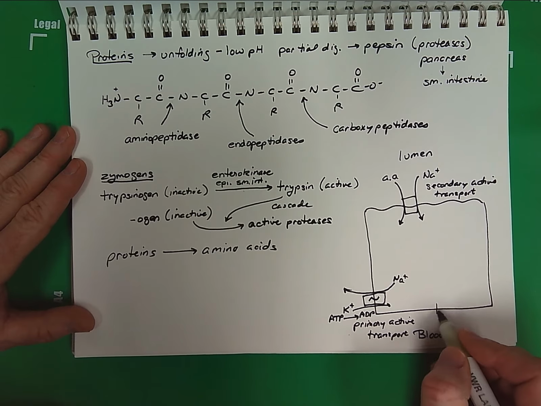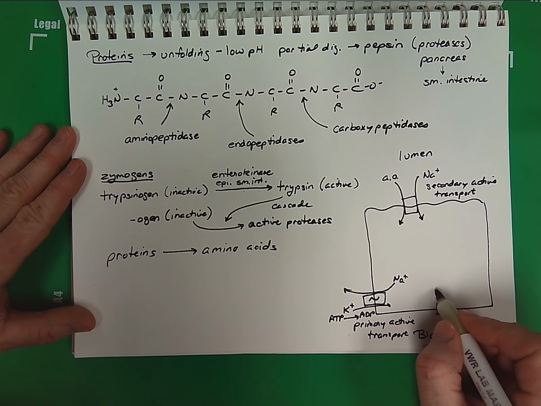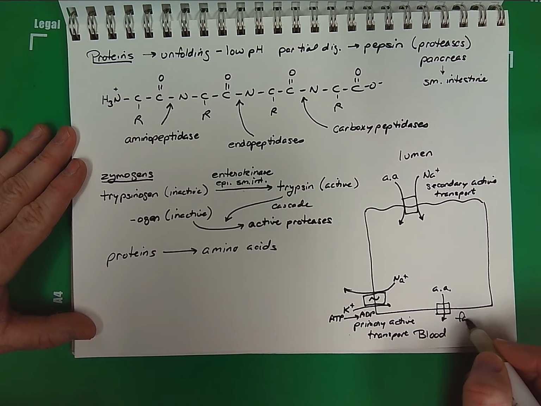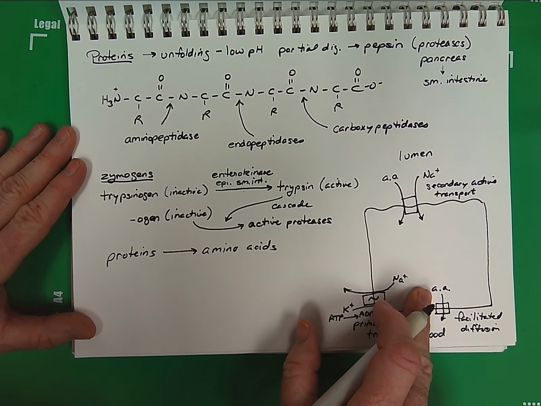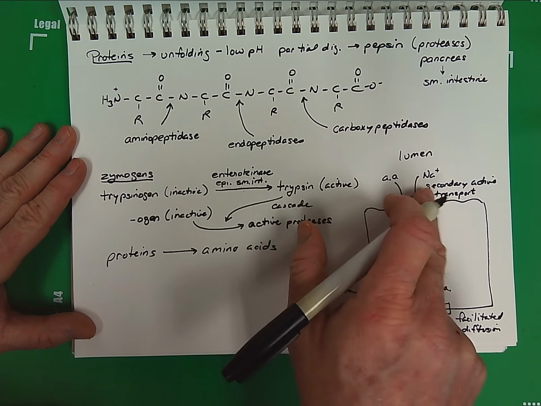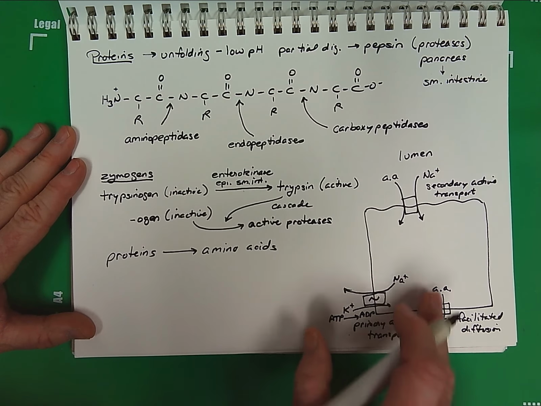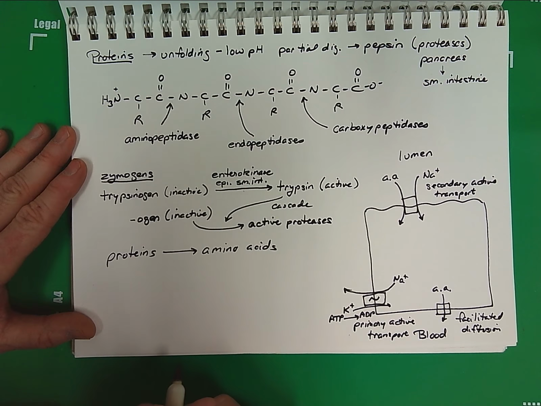Now there are facilitated transporters to take amino acids once they're in the cytoplasm and transport them into the blood. These, of course, work on the gradient established by the amino acid sodium transporter. The gradient is now used by the facilitated transporter to transport the amino acids out.